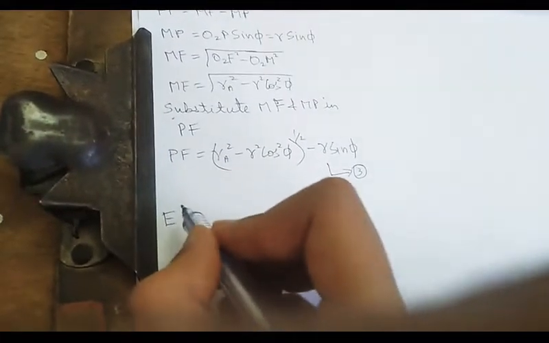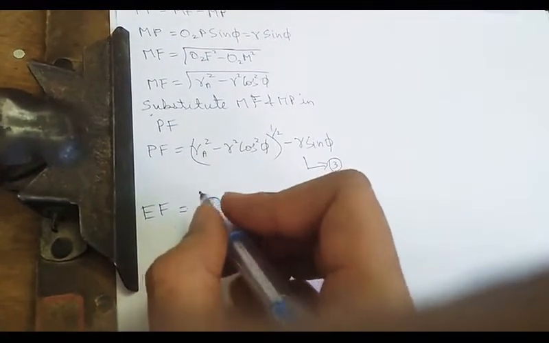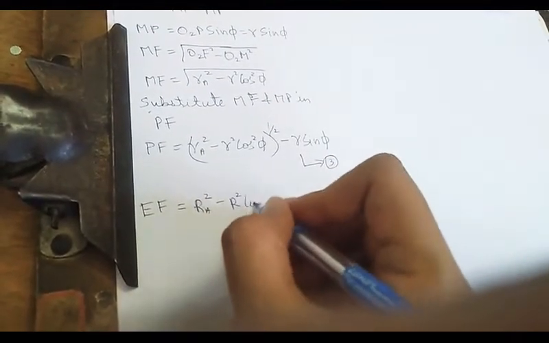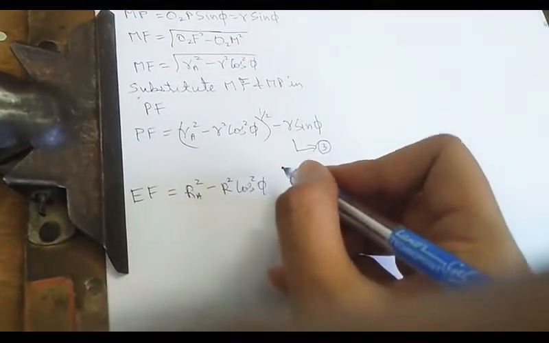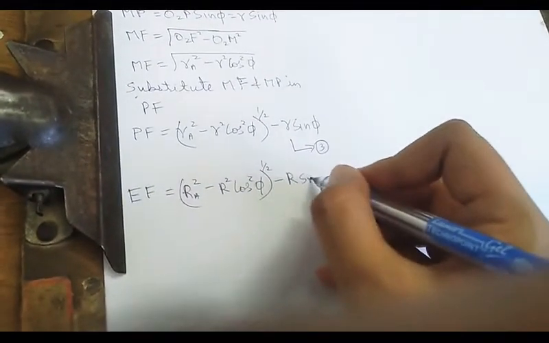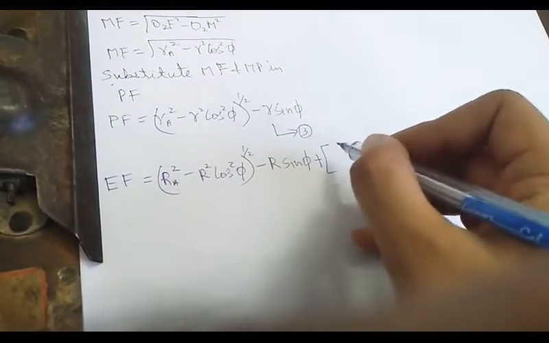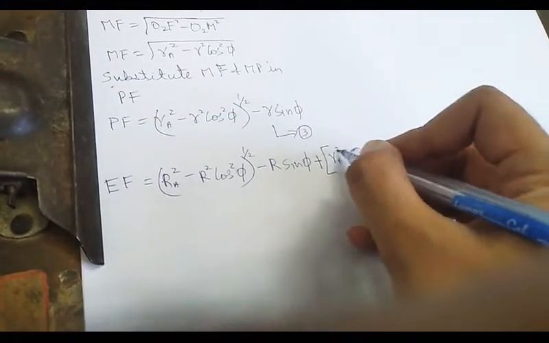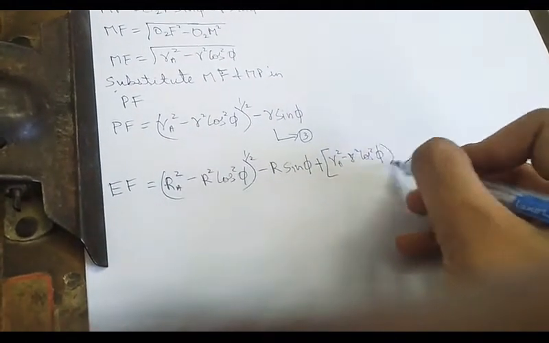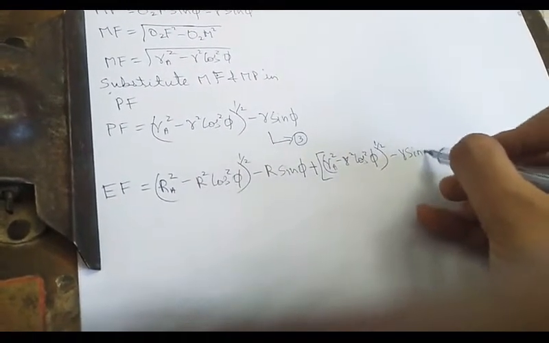So EF is equal to EP, which is RA square minus R square cos square phi whole power half minus R sin phi, plus PF, which is RA square minus R square cos square phi whole power half minus R sin phi.